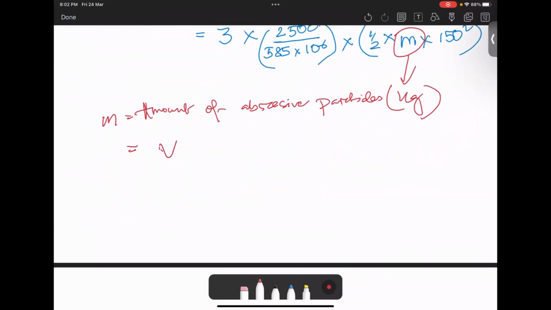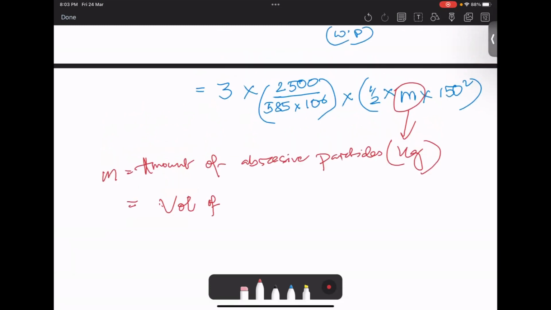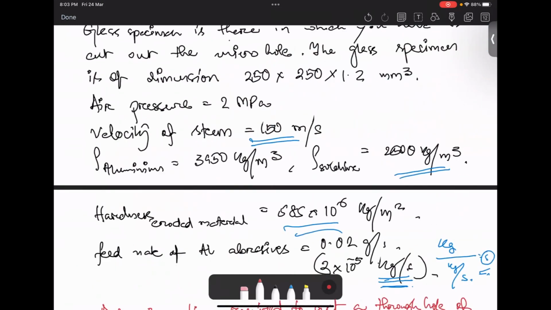You can assume the amount of abrasive particles into action to be proportional to the volume of the workpiece which has been removed. So you have to get a through hole, and the hole has a diameter of 80 microns.